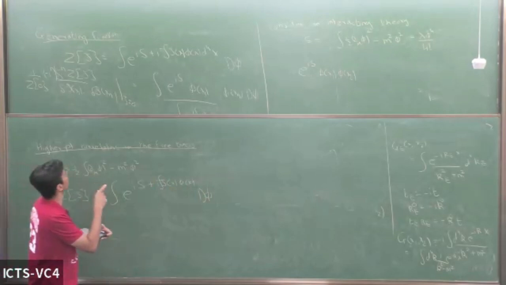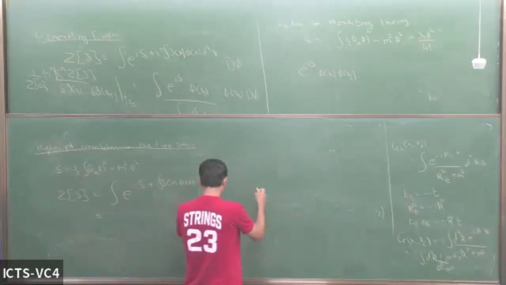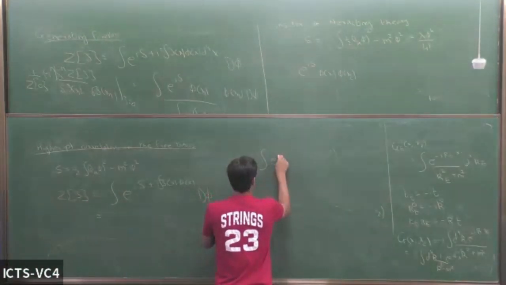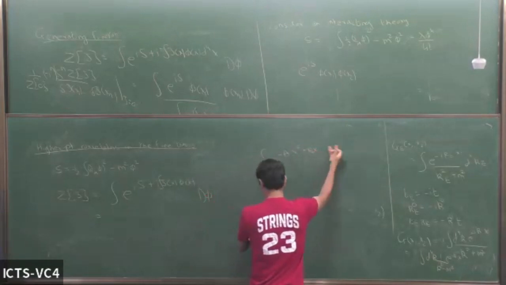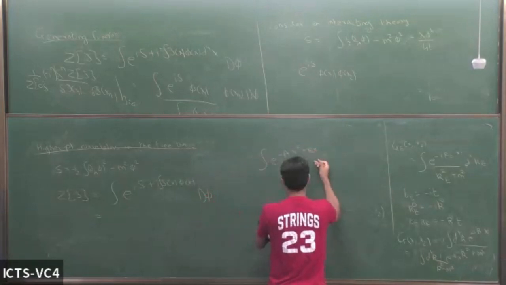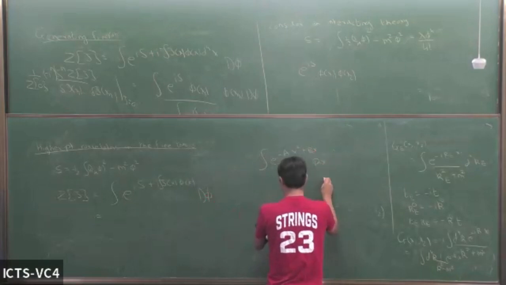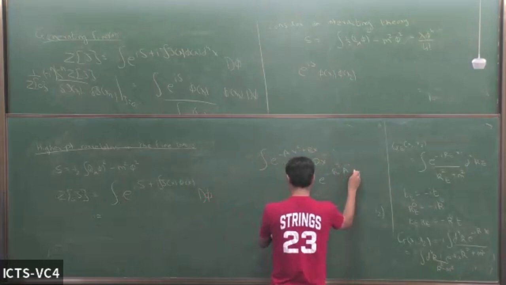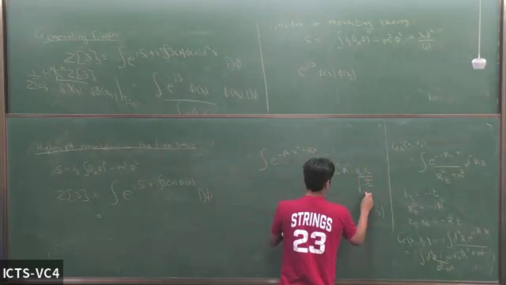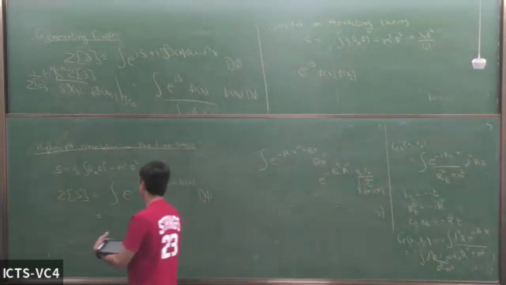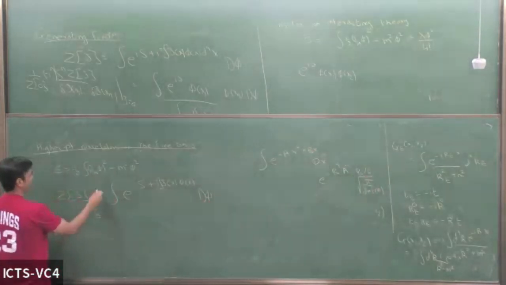And remember the formula we had, which we erased, was that the integral of e to the minus a x squared plus b x dx was e to the minus b transpose a inverse b by 4, square root pi by det a. So here our a is just this.